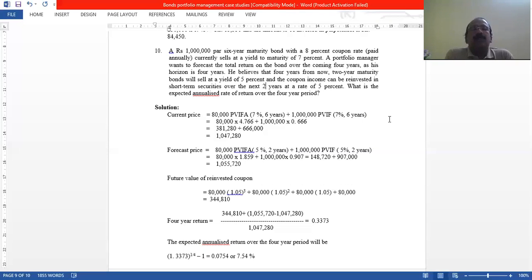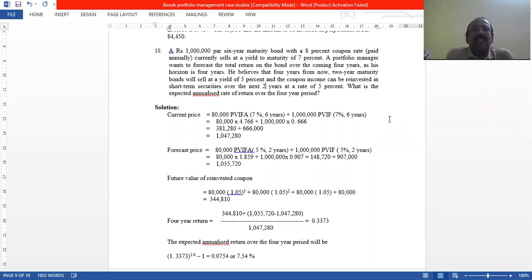Now, third step, we need to calculate what is his total return by having this particular horizon period, horizon strategy. So he's keeping this bond for 4 years. So after 4 years, he's reinvesting.